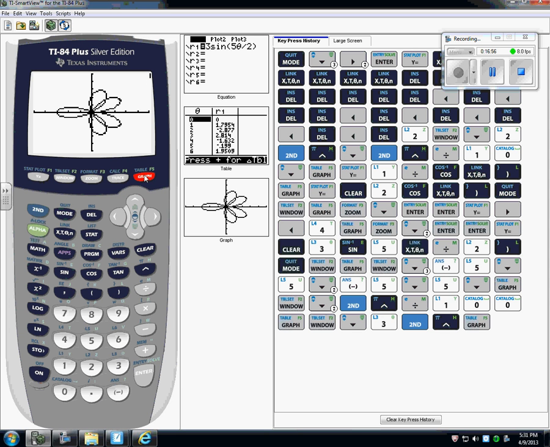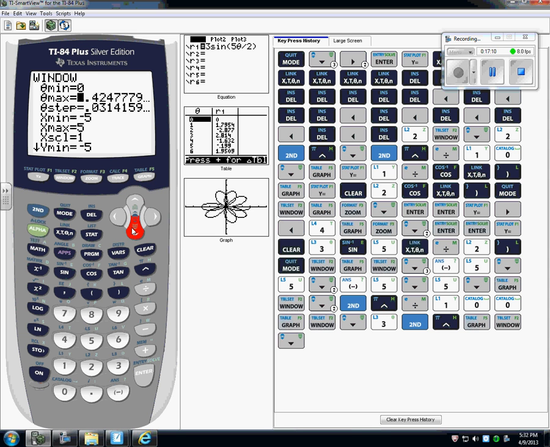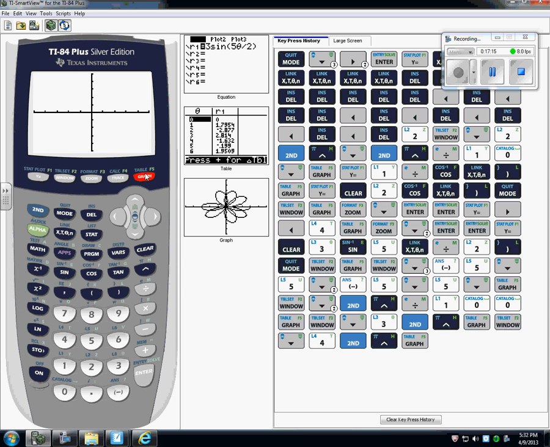Because at some point it will start overlapping with itself. And I'm getting more and more and more, and this is good. But it stopped. And I still feel like it did not finish the job. So I think I'm going to go one more time and try 4 pi. And graph it, and let's see if it finally seems to make the complete flower.